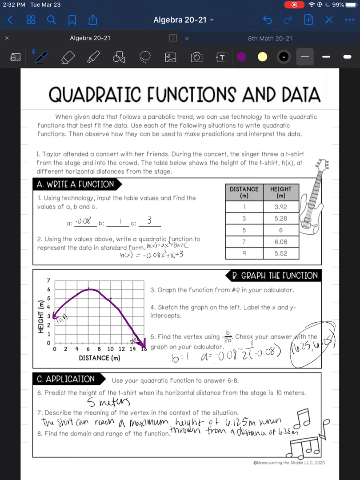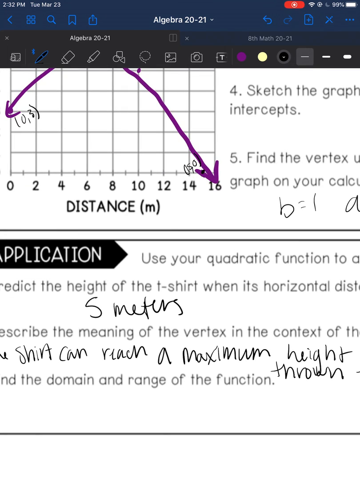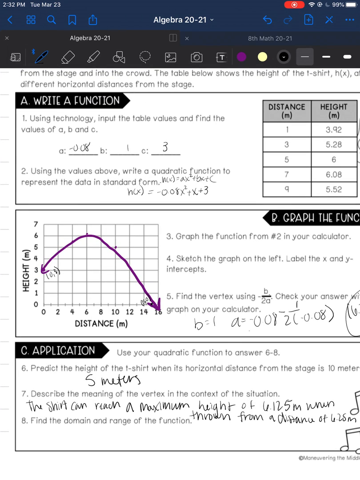Number 8 is going to be the last one that we do. We're going to find the domain and range of the function. Normally when we've talked about parabolas and quadratics, we've said that the domain is all real numbers, except when we're given real world scenarios. Most of the scenarios that you're dealing with quadratics and data will most likely have a domain that's not all real numbers. There's going to be a specific one.